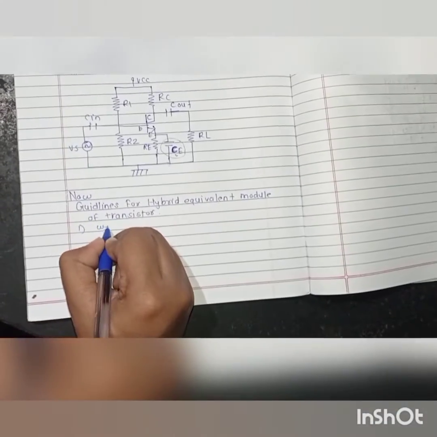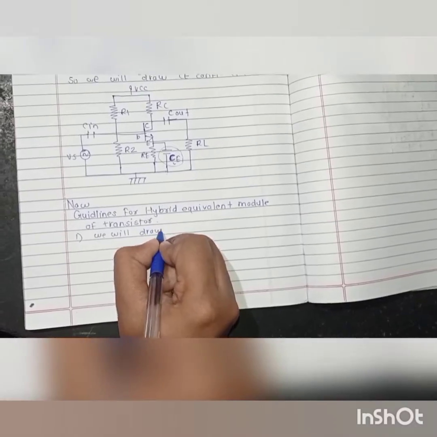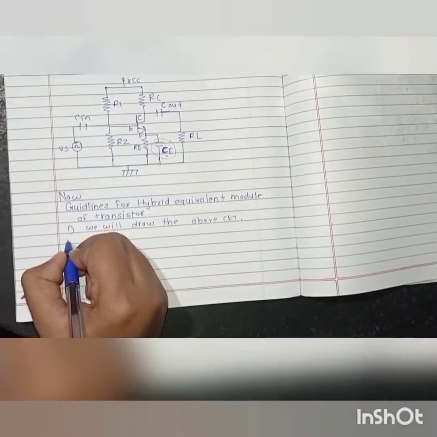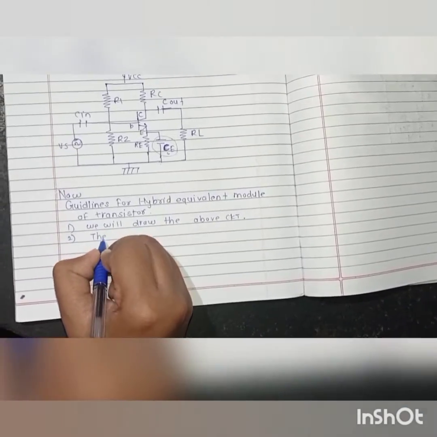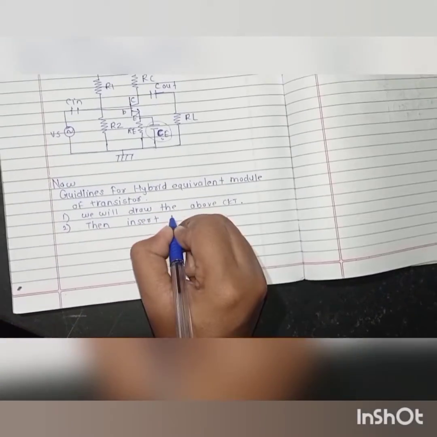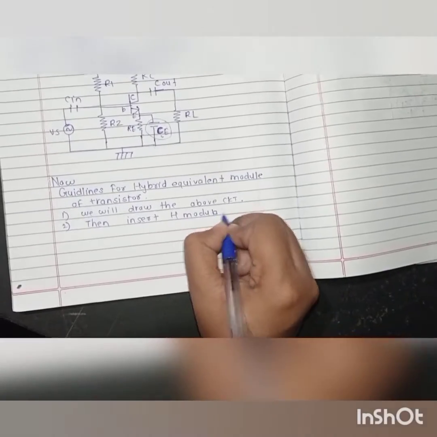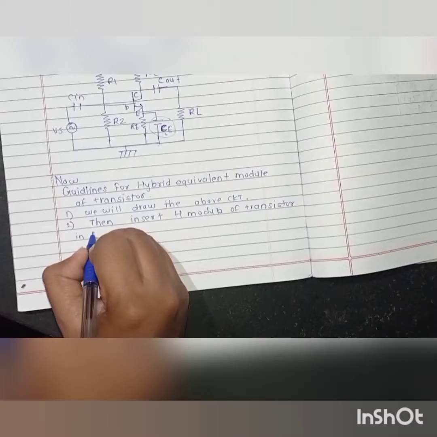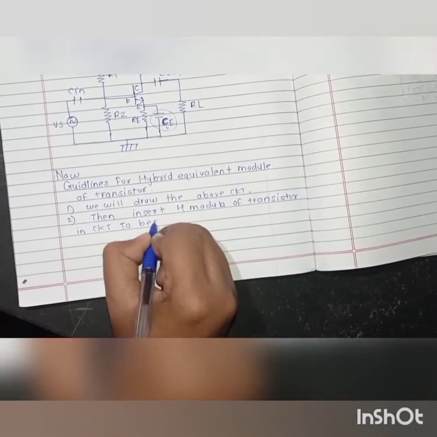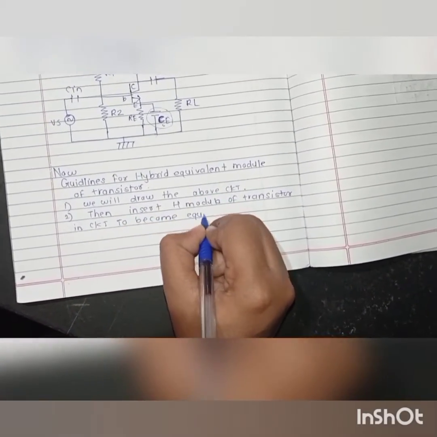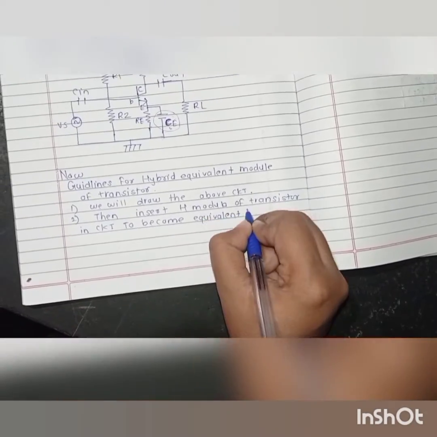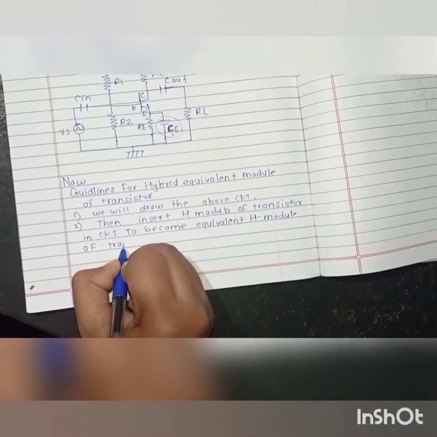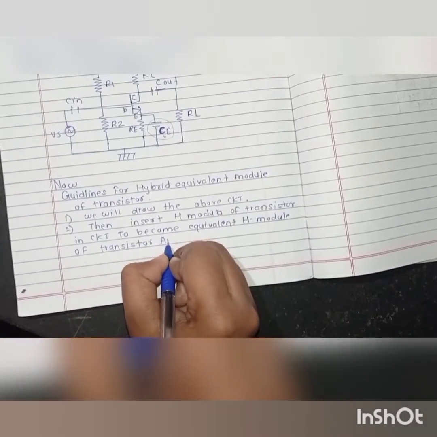First, we will draw the above circuit and then insert the h model of the transistor in the circuit to become the equivalent h model of the transistor amplifier.